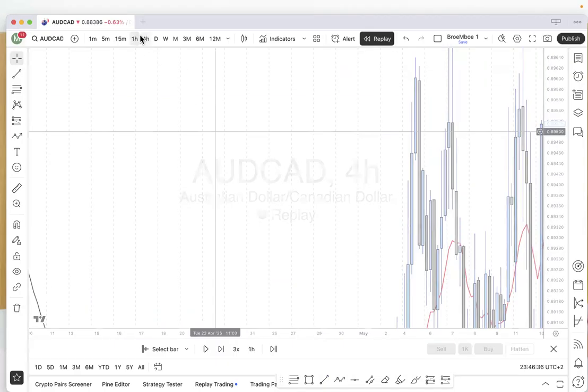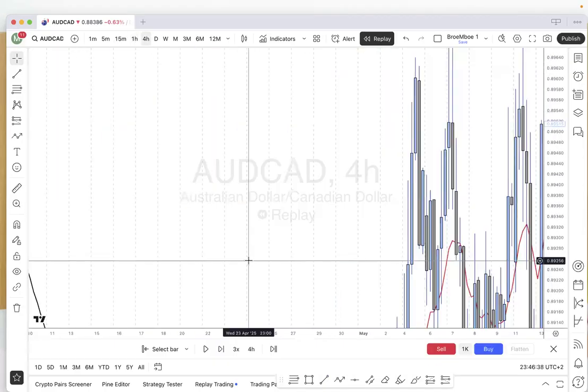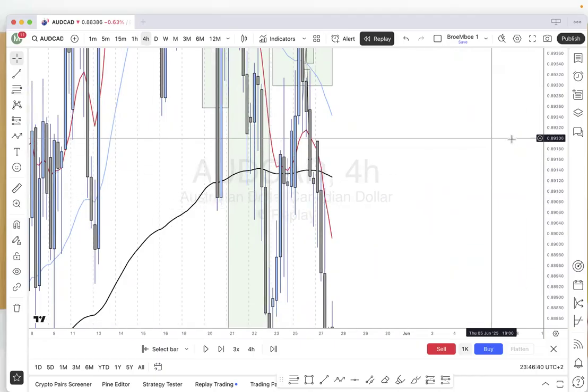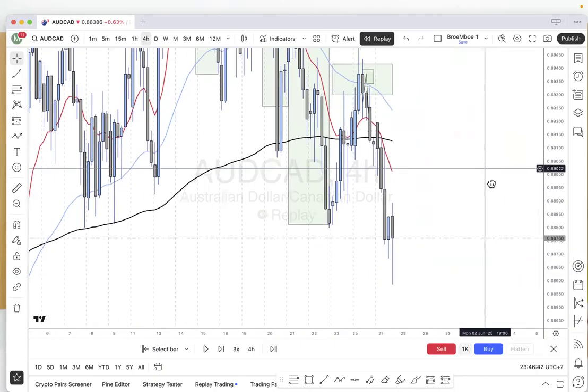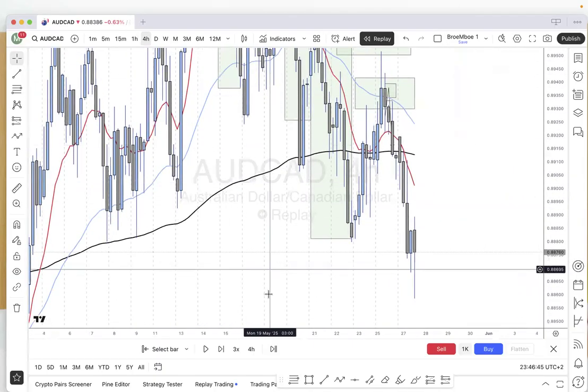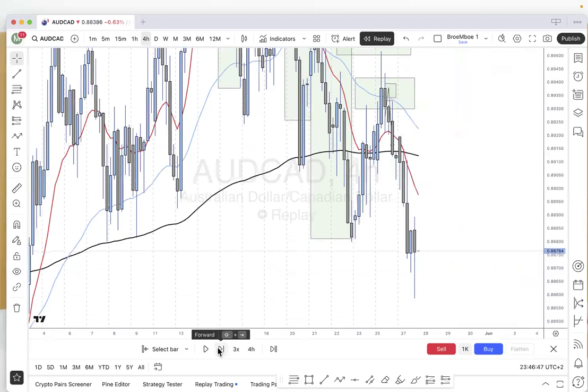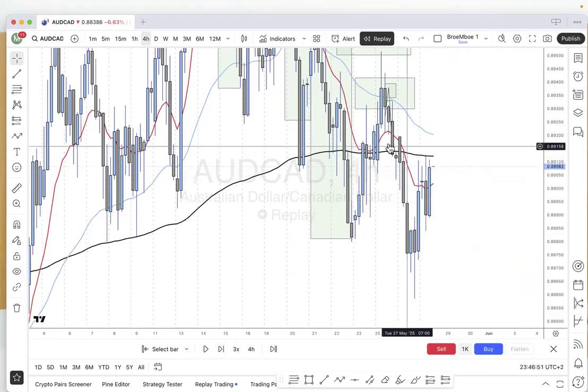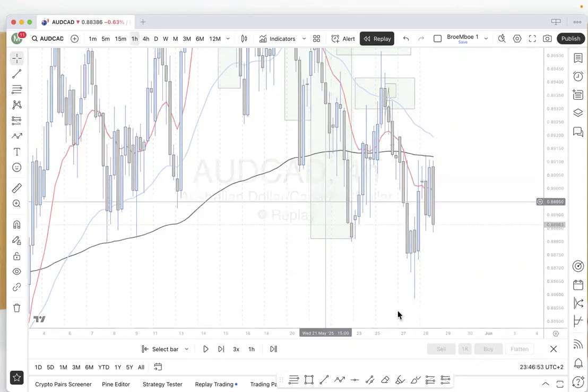So as you can see on the 4-hour, how it has been falling down, nice bearish candles all the way. That was good. So yeah, actually, yes, I think that is what I was waiting for.